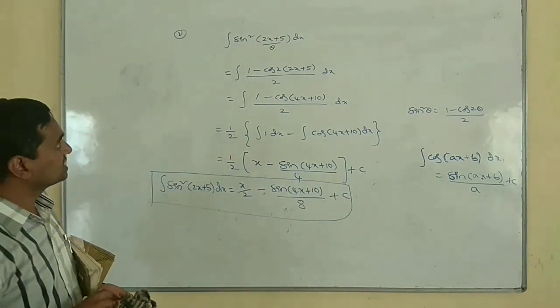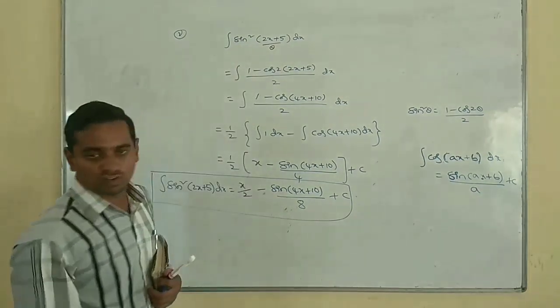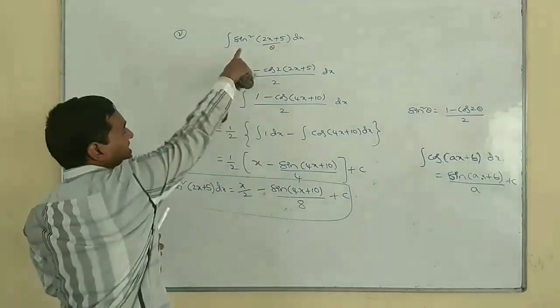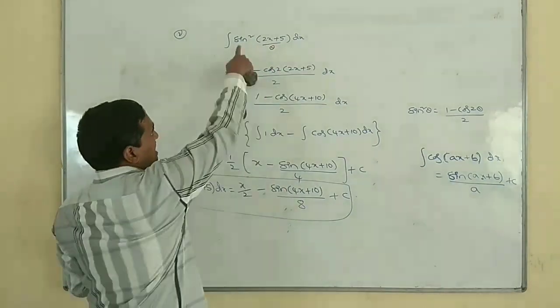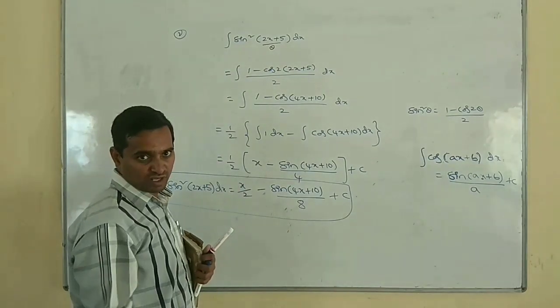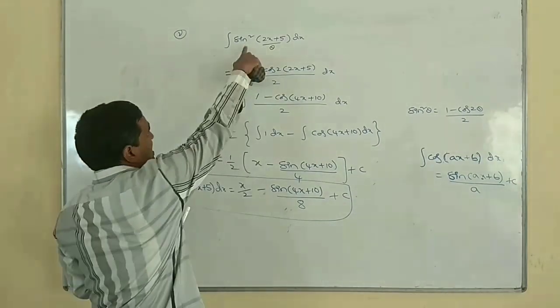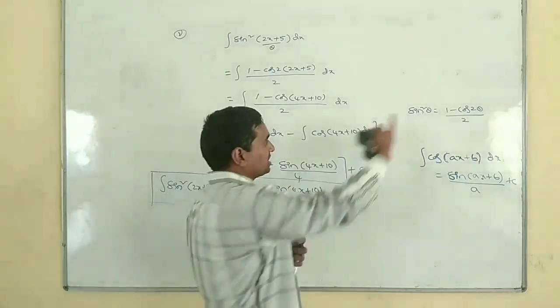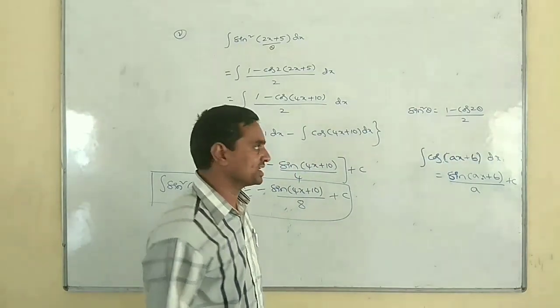Once again, repeat that. The given problem is integration of sin square of 2x plus 5 dx. Sin square is not directly in a basic formula type for integration. That's why we convert sin square into a multiple angle by applying the trigonometric identity of cos 2 theta.